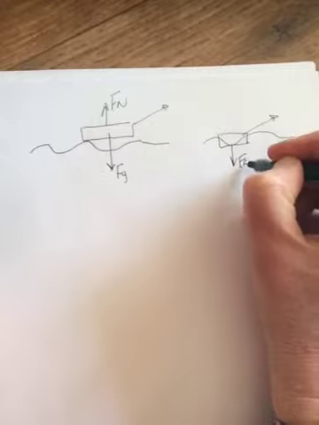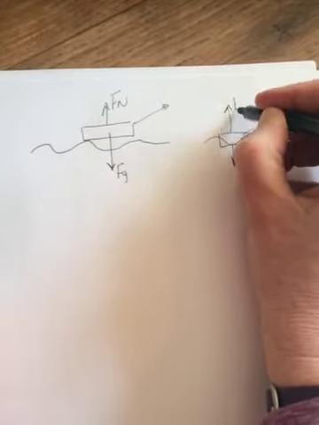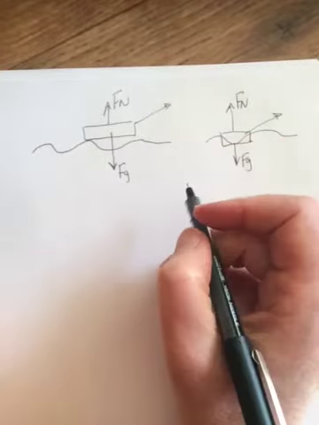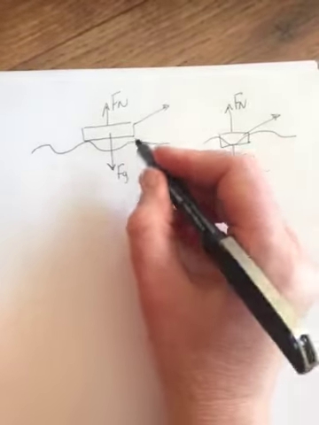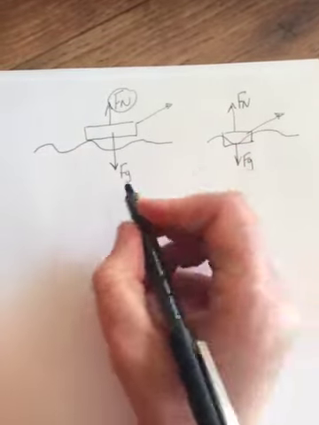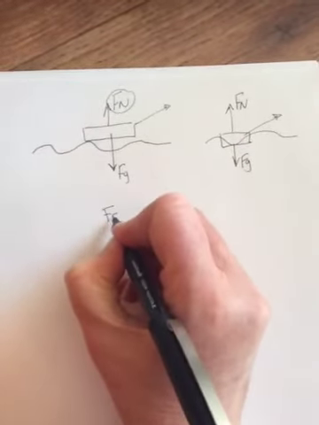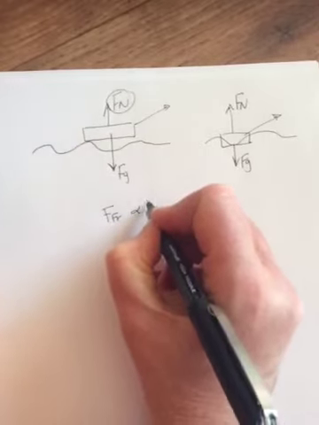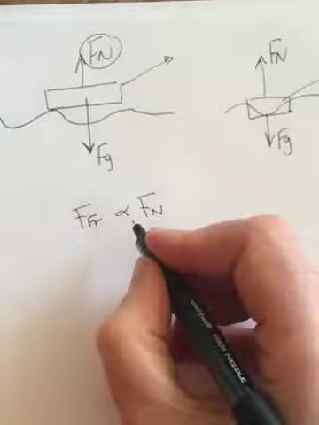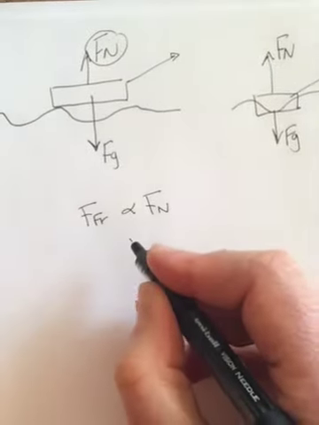Okay? And so we say the more tightly the two surfaces are pushed together, the more friction there's going to be. What pushes the two surfaces together is our good friend, the normal force. So we say that the force of friction is directly proportional to the normal force, and I'm hoping you've seen that symbol before. That little fish symbol means directly proportional to.